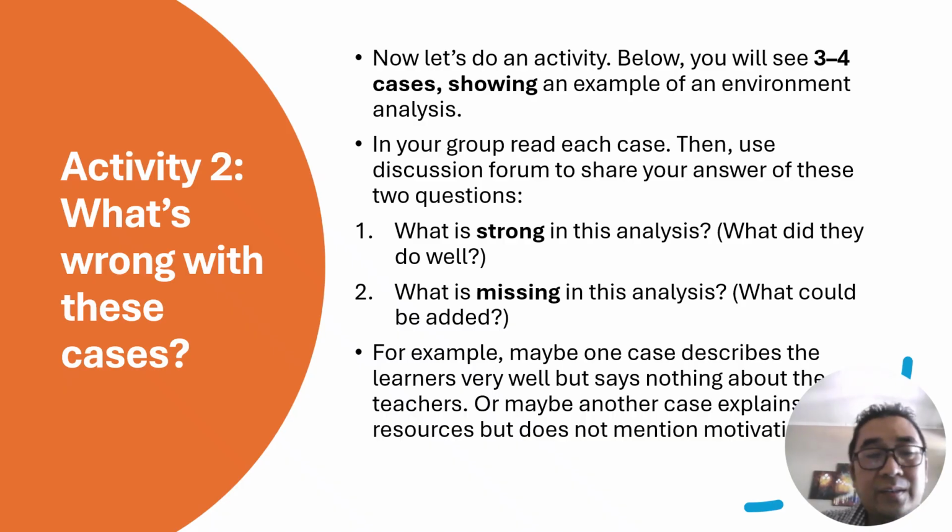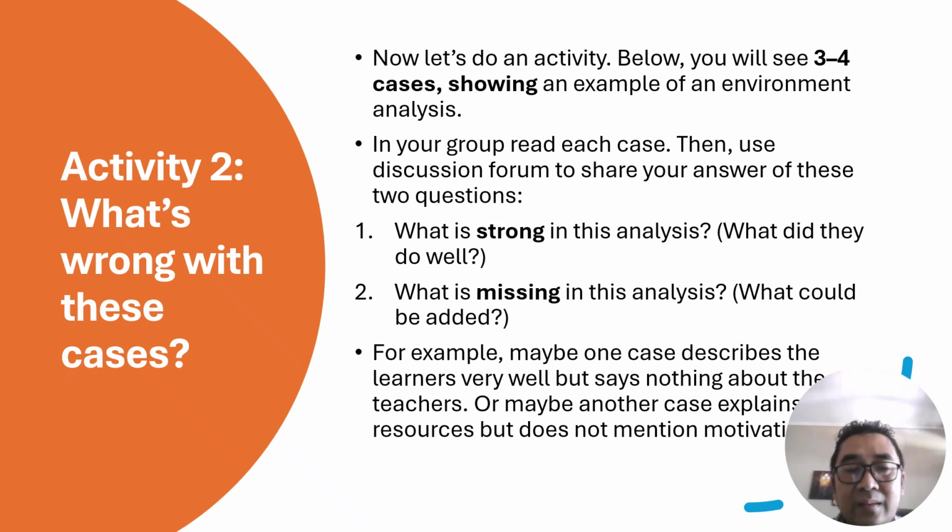And for activity two, what is wrong with these cases here? Let's do an activity. Below, you will see three or four cases showing an example of environment analysis. In your group, ladies and gentlemen, read each case, then use the discussion forum to share your answer to these questions. The first is, what is wrong in this analysis?